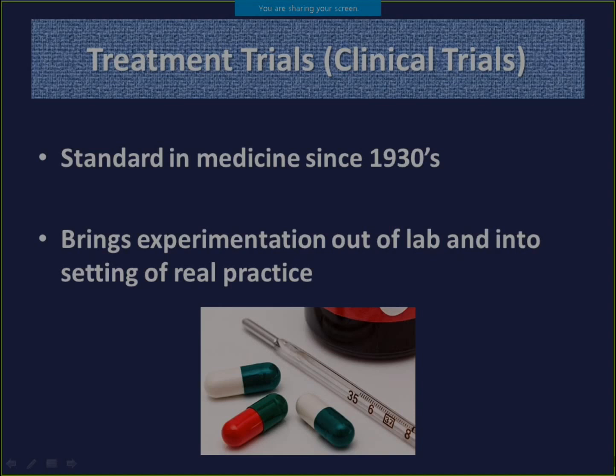A treatment trial is another type of study, and the last one that we'll talk about, and this one is developed in medicine. Medical and conservation research share the problem that the usefulness of laboratory experimentation is limited. Eventually, treatments have to be carefully tested in the context of a real practice on human patients for doctors and cultural materials for conservators.